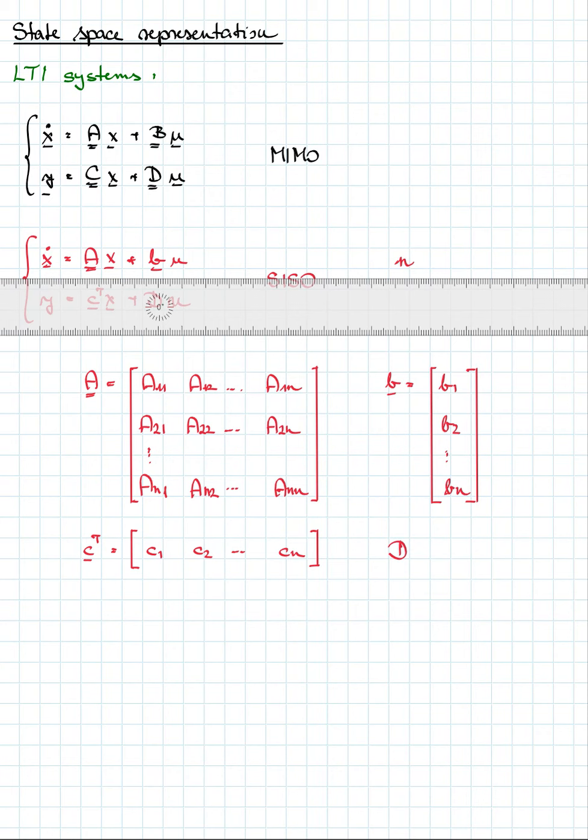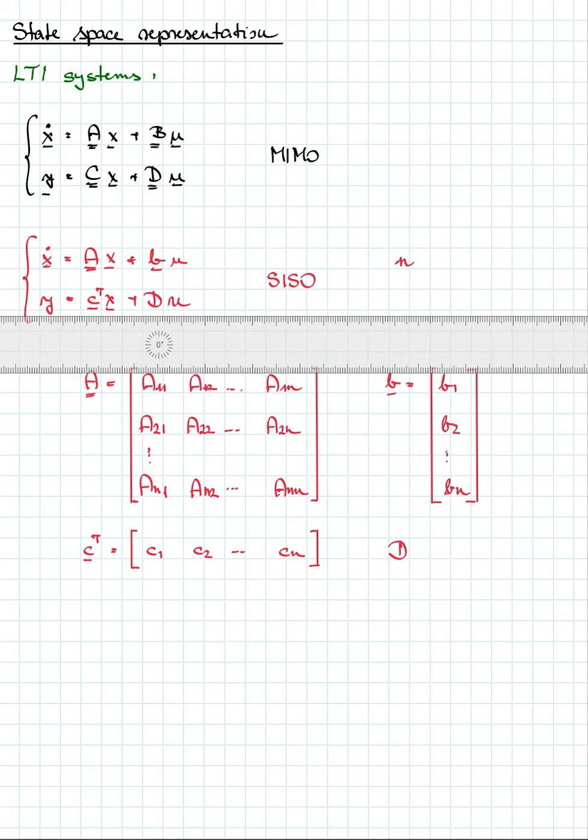So we will have n time functions. And if we know x, we can use the algebraic equation, y is equal to C transpose x plus Du, with which we can calculate the output function numerically. So we are going to get a graph.